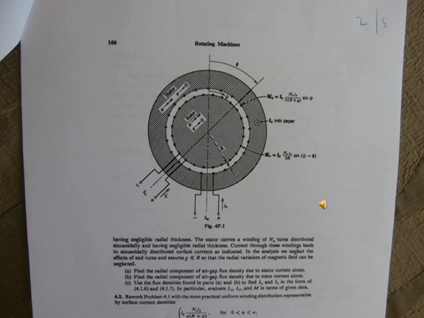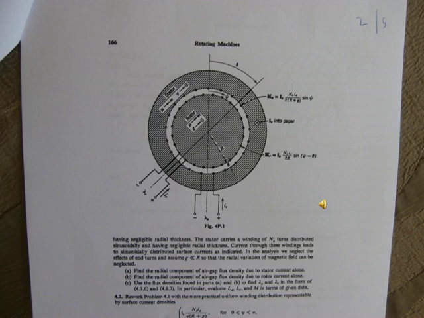So in this case, the machine is given, that will be the stator and the rotor windings. The air gap is g, and the rotor carries N_r turns, and the stator winding has N_s turns. In this case, g is less than R. So we have to determine the component of the air gap flux density and also the radial component of the air gap flux density.